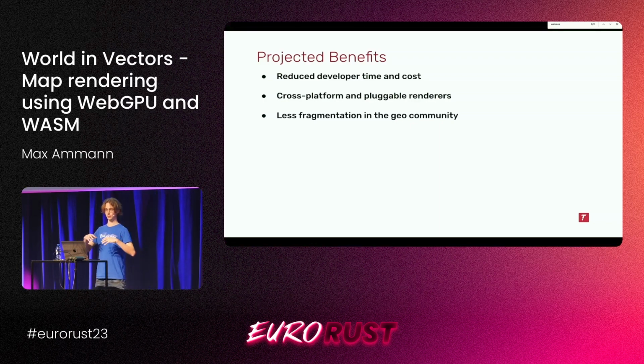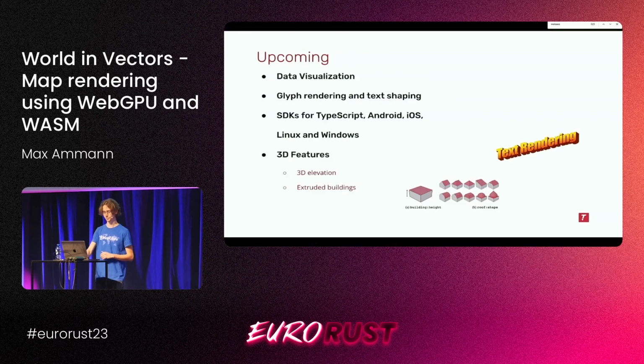A single code base is not only nice for developers, but also for users: if you make your renderer pluggable, plugins will run on any platform. Right now, the geo space is a little bit fragmented. You have a lot of renderers for the web and for native, but it's really hard to find something where you can use the same plugins for all devices.